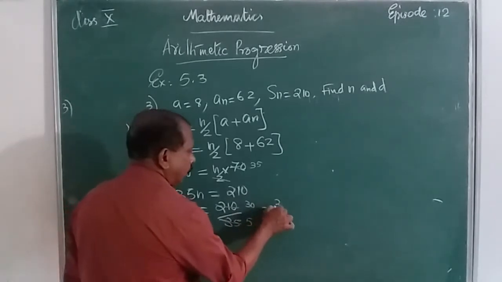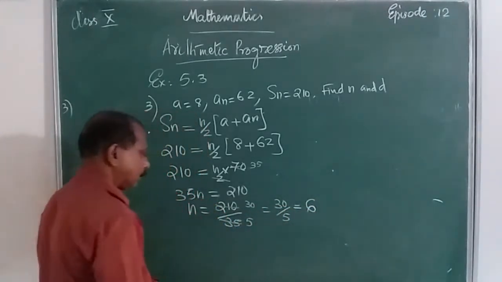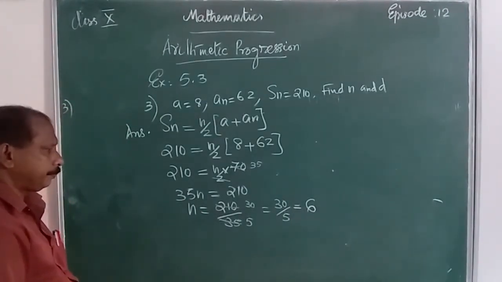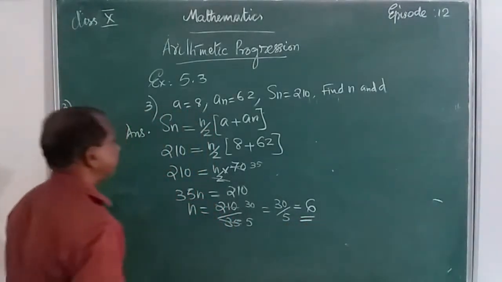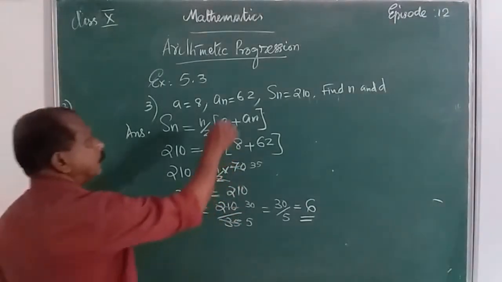Is equal to 30 by 5 is equal to 6. Therefore, n is equal to 6. We can find out the n and d. Then we can find out the d.